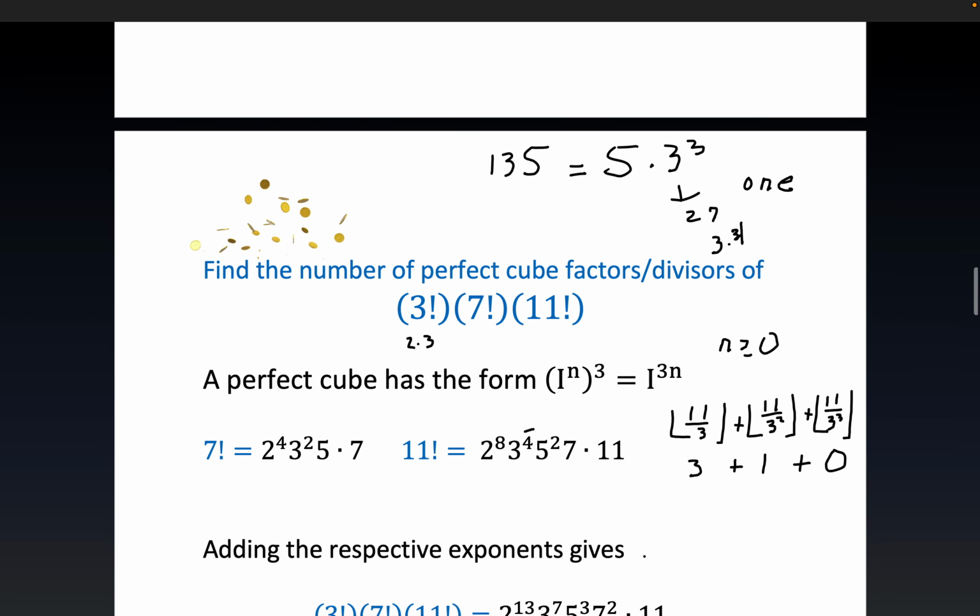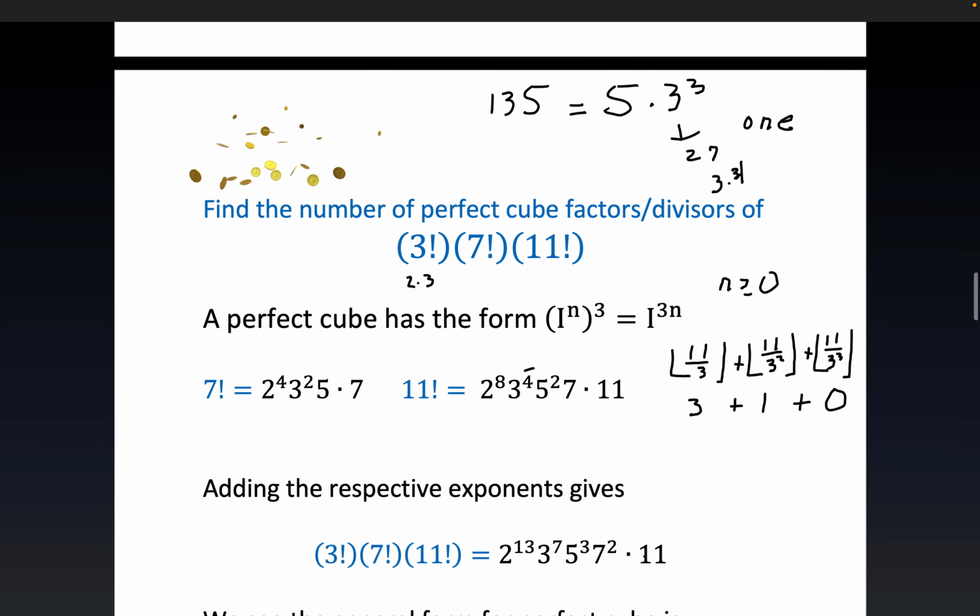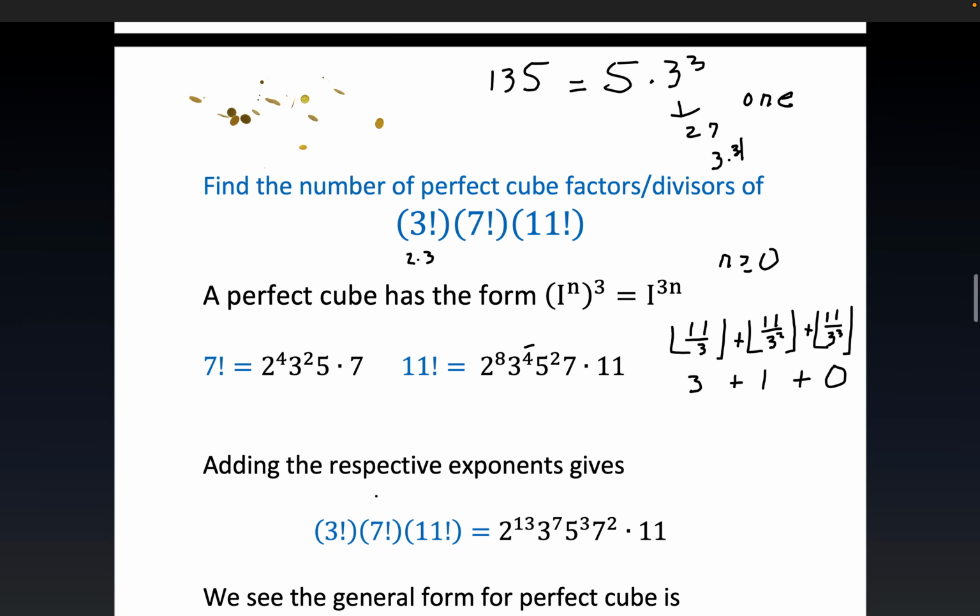All right, now I said adding the respective exponents. Now notice I'm including 3 factorial because it's just 2 times 3. This part right here is just 2 times 3, and we've already seen what 7 factorial and 11 factorial are. And so we add all the exponents up, and this is what we get for our product, without having the faintest clue how this would be expressed in the decimal expansion.